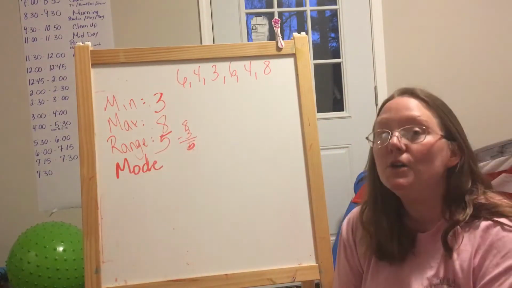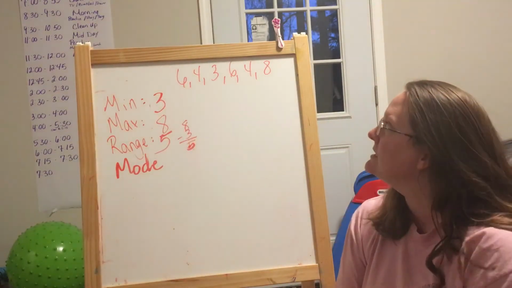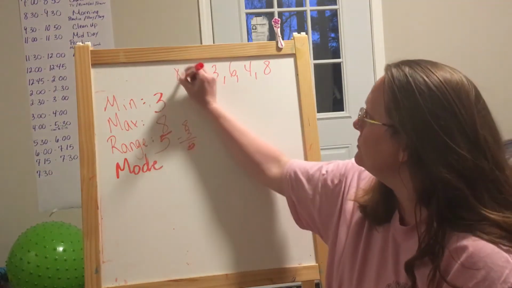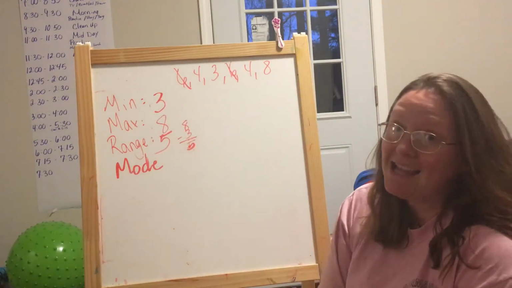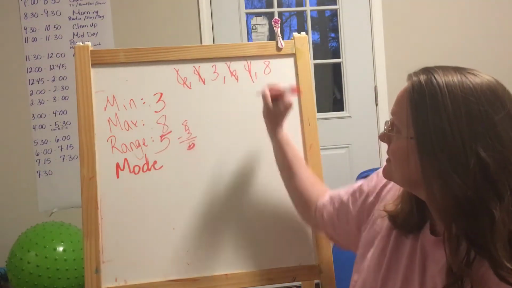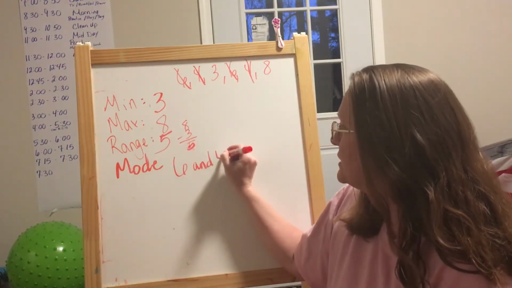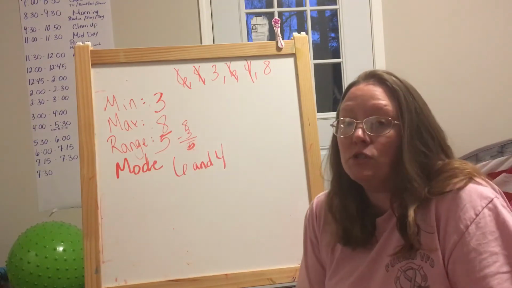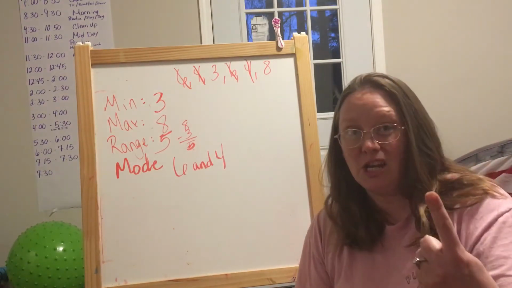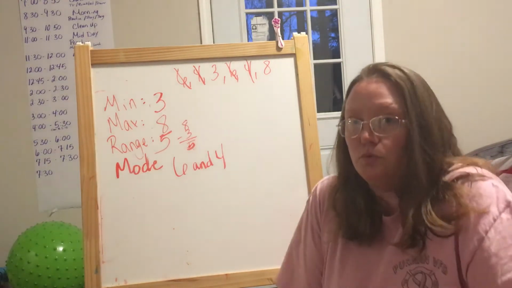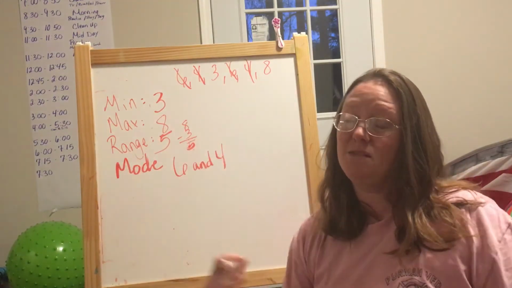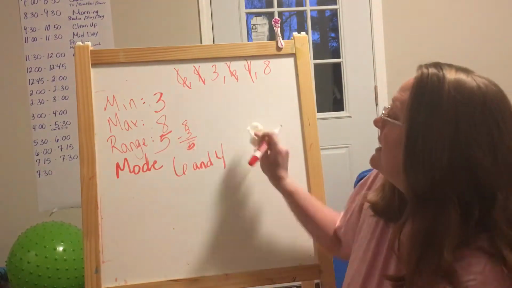So then my mode, the one that shows up the most, well, I have 2 6s and I have 2 4s. So your mode would be 6 and 4. So sometimes your mode is just 1 digit, but it could be 2 digits, or in big data sets, it might even be 3 digits.